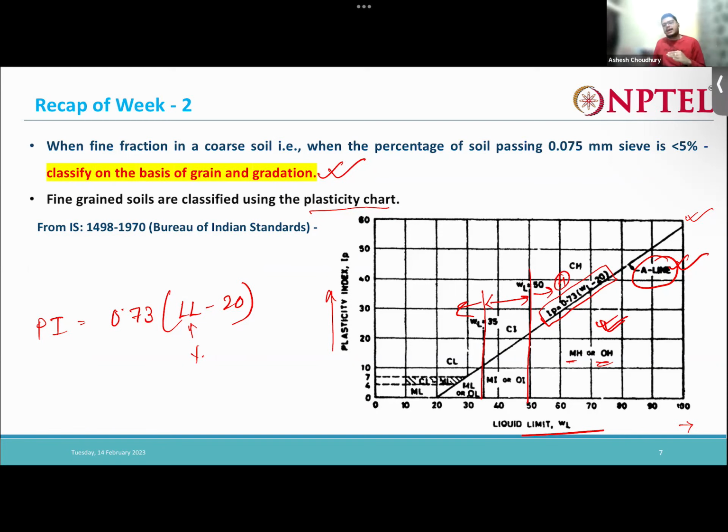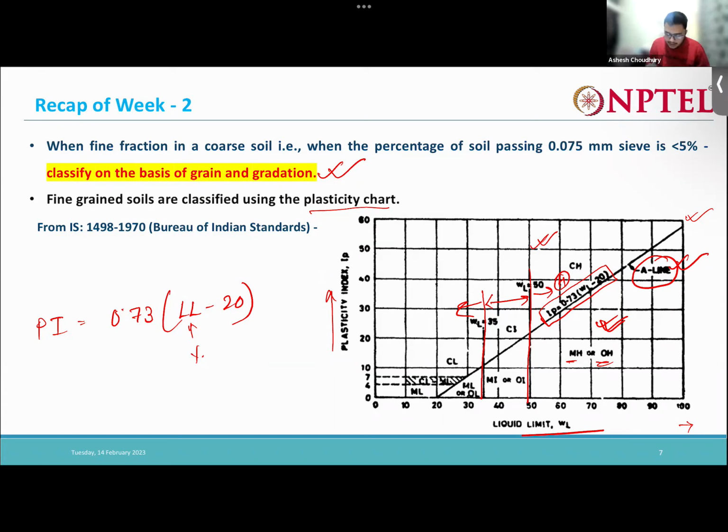If our fine grained soil is below the A line, it is either silt or organic clay, either of these. And if it is above the A line, then it is clay. If it is below, it is silt or organic, and if it is above, it is inorganic clay.